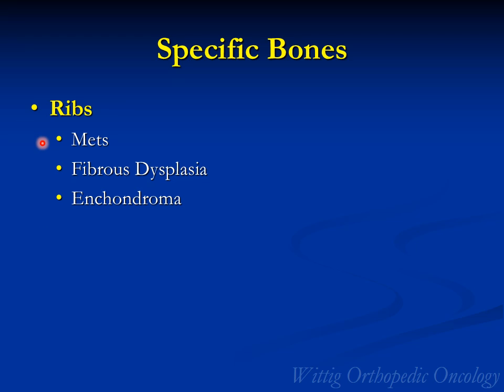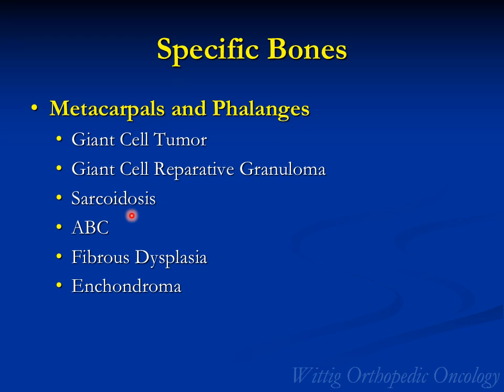These are the most common tumors to affect the ribs: metastases, fibrous dysplasia, and enchondroma. Most common tumors to affect the metacarpals and phalanges: giant cell tumor, giant cell reparative granuloma, sarcoidosis, aneurysmal bone cyst, fibrous dysplasia, and enchondroma.